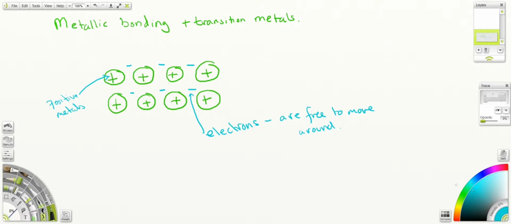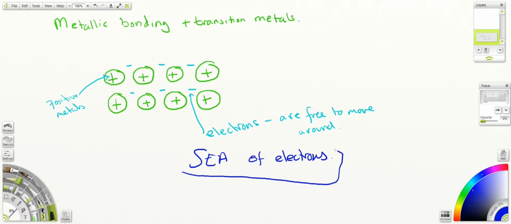We call these electrons a sea of electrons, which is why I colored them in blue. So metallic bonding consists of positive centers and a sea of electrons that are free to move. See how that rhymes? Free to move.